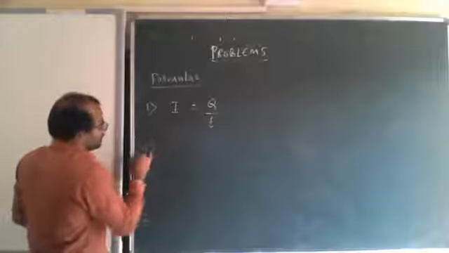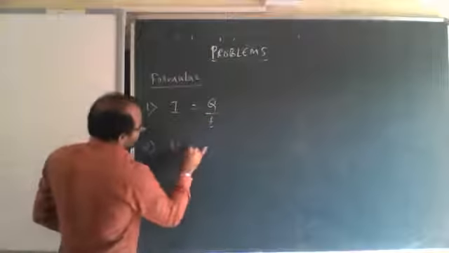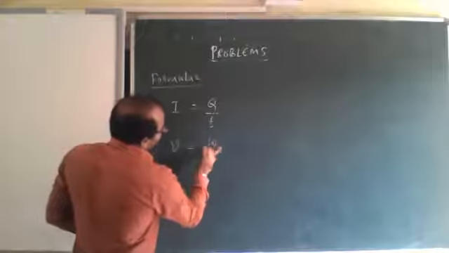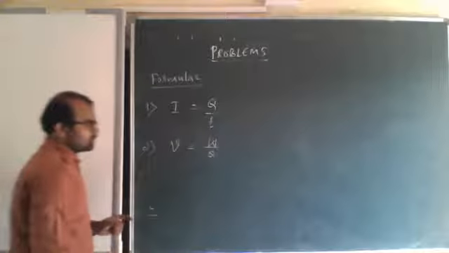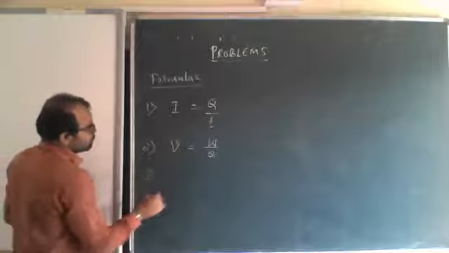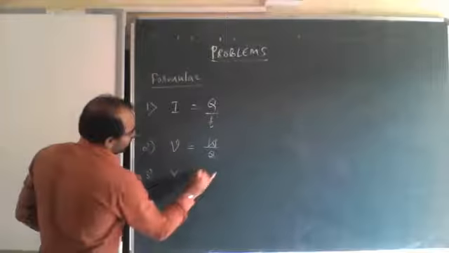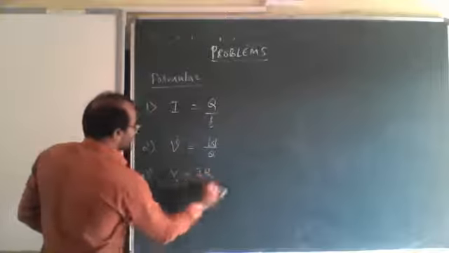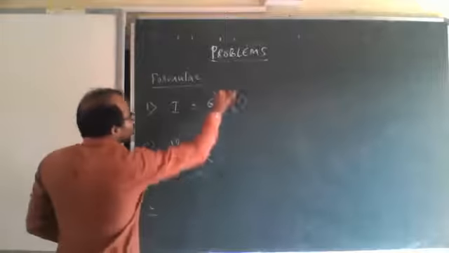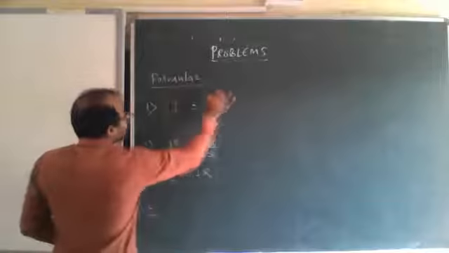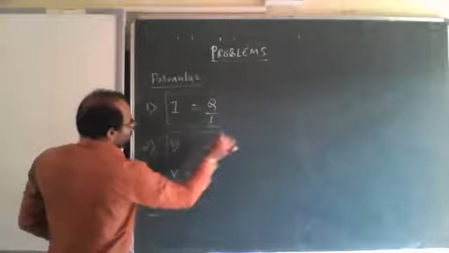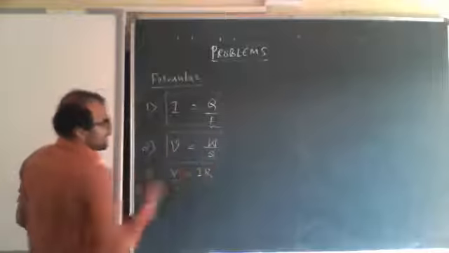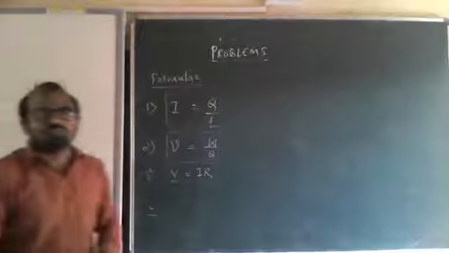Second formula is voltage V equal to work done W by charge Q. Third formula we learned, that is Ohm's law, V is equal to I R. These 3 formulas we should remember.